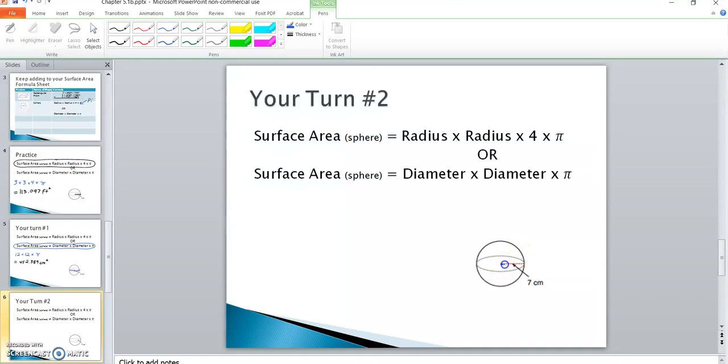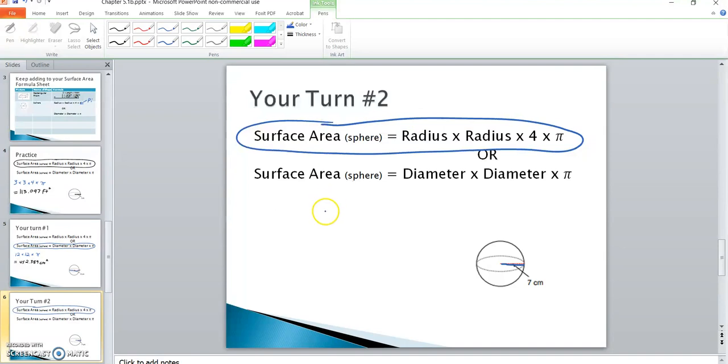Okay, so our line only goes halfway. So we're going to be doing this one right here, where it's the radius times the radius times 4 times pi.